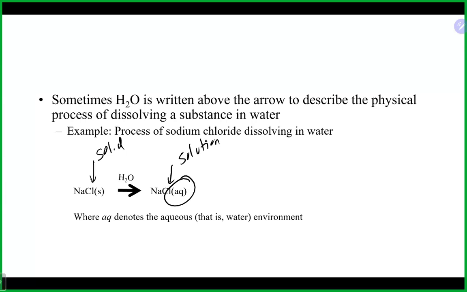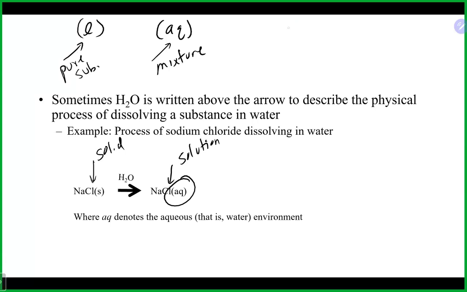Now, you may be wondering, by the way, if a solution is liquid and liquid is liquid, what is the difference between those two, right? So the idea there: if you have something in the liquid state or something in the aqueous state, they both are really liquids. The difference, though, is a liquid is typically a pure substance, while something that is aqueous is a mixture.